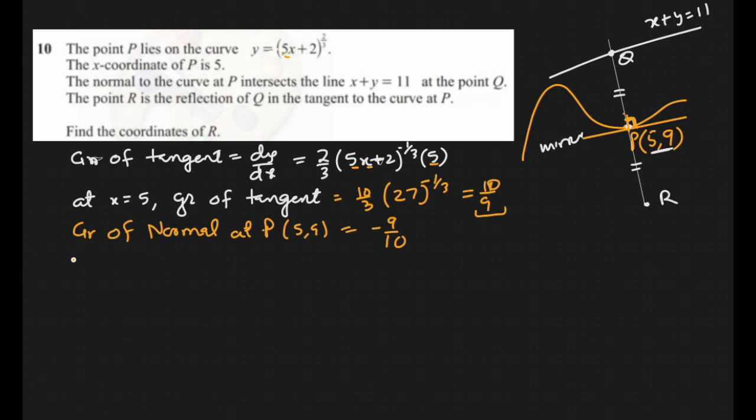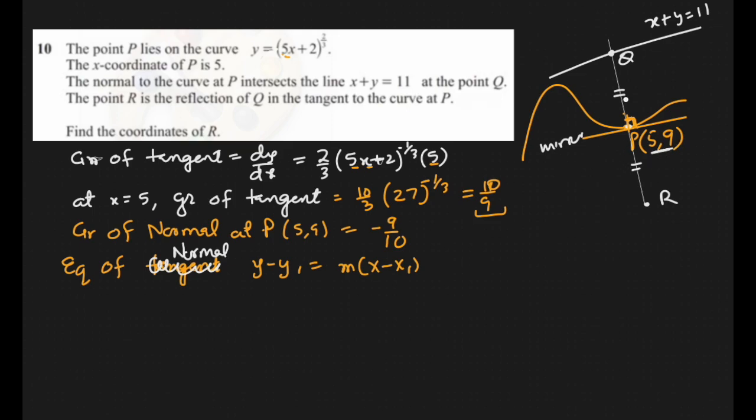Now we'll find the equation of the tangent. How do we find the equation of the tangent? y minus y1 equal to m times x minus x1, where x1 and y1 are the points on the line. Not tangent. Why did I write tangent? Normal.